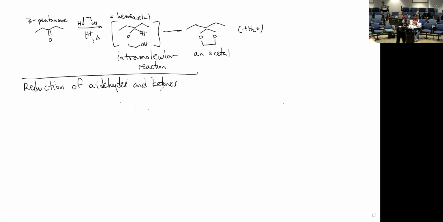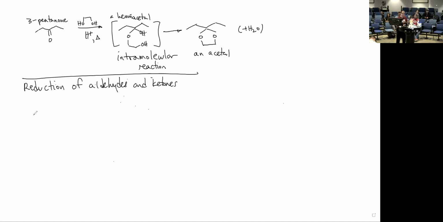Good, so I think that's all we need to say about acetals. The only other things I really want to cover are redox reactions. Well, before I do redox, let's talk first about reduction of aldehydes and ketones. Because as I've mentioned, it's going to teach us some reagents that we're going to use again later on in chapter 10, in fact.